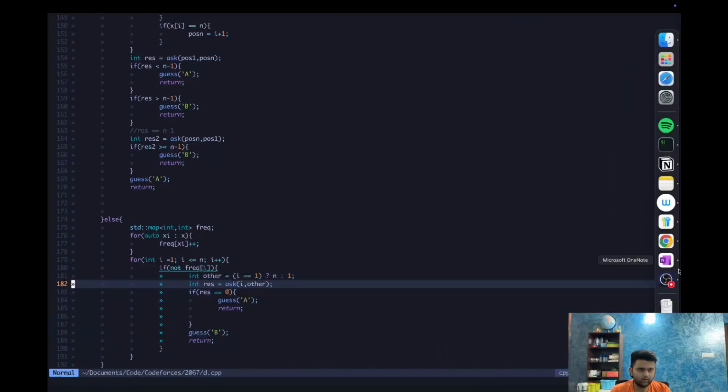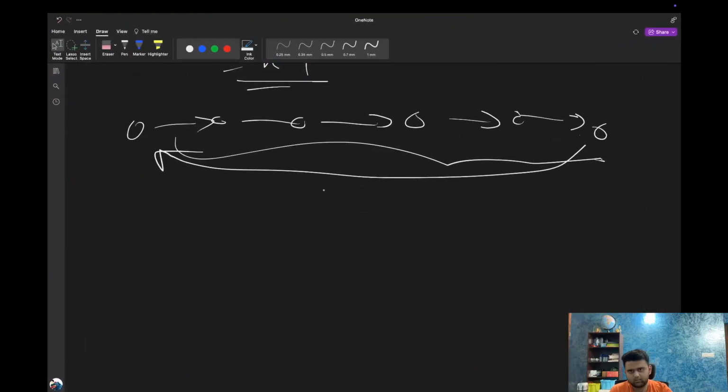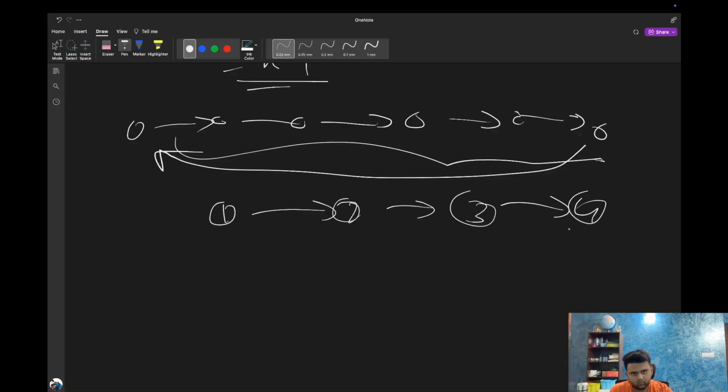The reason I'm failing is, consider this graph. So 1, 2, 3, 4.